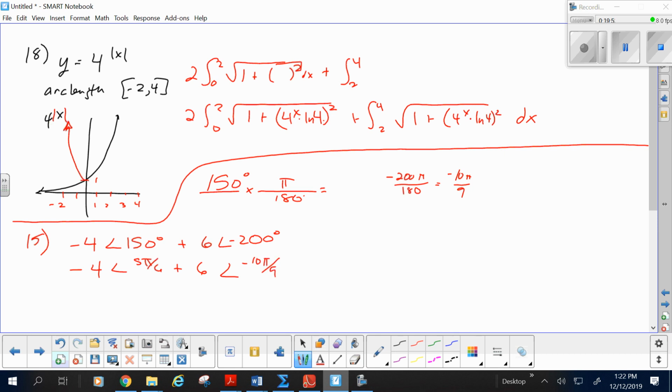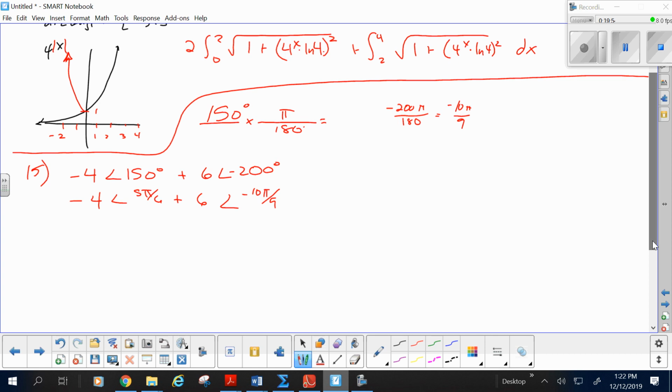Okay, cool. Now, in terms of calculating this, can I just add the magnitudes and add the angles? Can I do that in polar? No, I must add the components. So the horizontal component, how do I find it? No, not Pythagorean theorem, by trig. Negative 4 cosine 5 pi over 6, and add 6 cosine of negative 10 pi over 9.